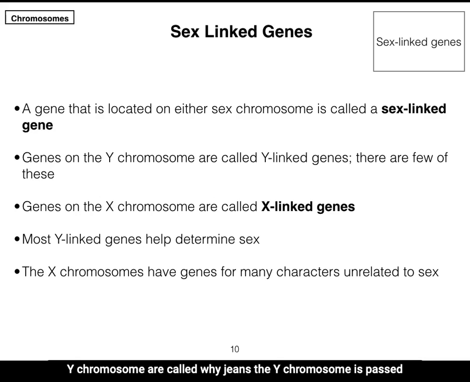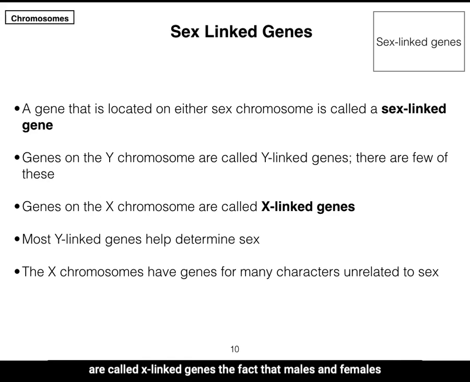Those located on the Y chromosome are called Y-linked genes. The Y chromosome is passed on virtually intact from father to all sons. Because there are so few Y-linked genes, there are very few disorders that are transferred from father to son on the Y chromosome. The X chromosome contains approximately 1,100 genes, which are called X-linked genes.